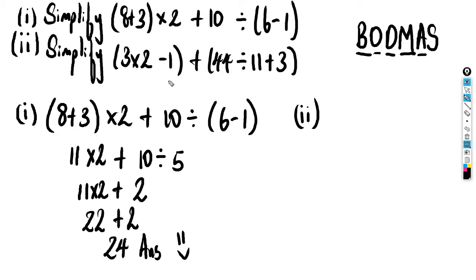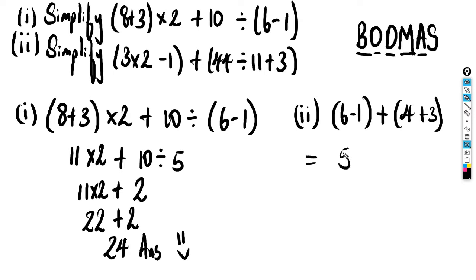So 3 times 2 gives us 6 minus 1 in brackets, plus, and then in this bracket now, we divide first, before adding. So 44 divided by 11 would be 4 plus 3. Then 6 minus 1 gives us 5 for that bracket, plus 4 plus 3 gives us 7, and then we get 12. All right, guys?